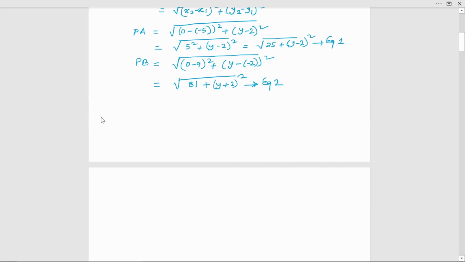Now step 2, what we can do is that, as per the condition given, applying the condition, we are able to get the value of y using a simple linear equation.